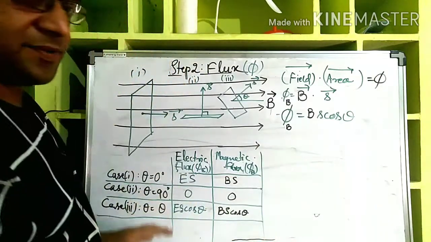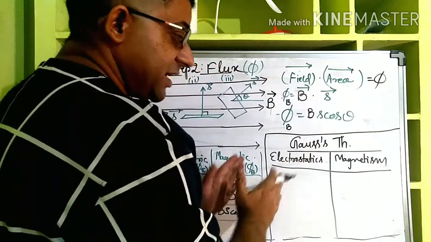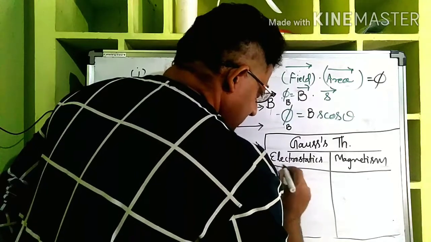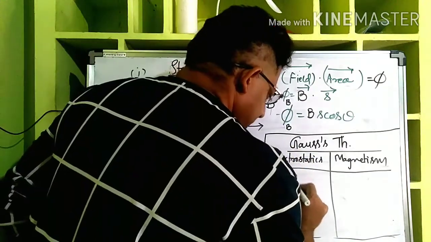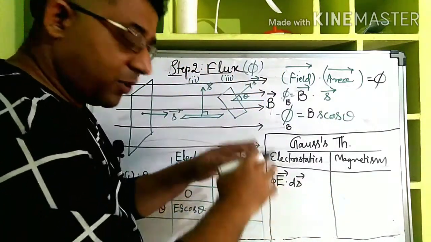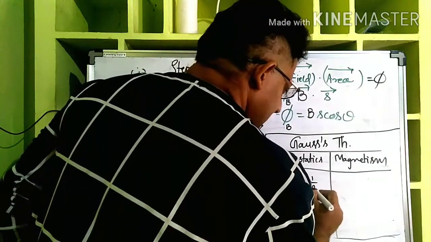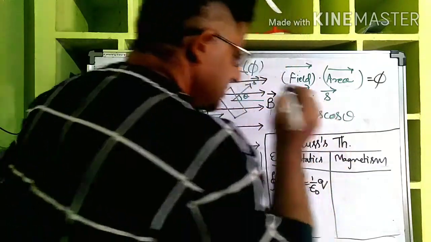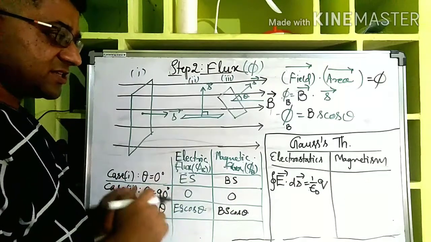If we study Gauss theorem for electrostatics and magnetism, the same idea goes like this. Gauss theorem of electrostatics says that the surface integral of the electric field over a closed surface is given by 1 by epsilon naught times the charge present inside the surface, which surface is called the Gaussian surface.